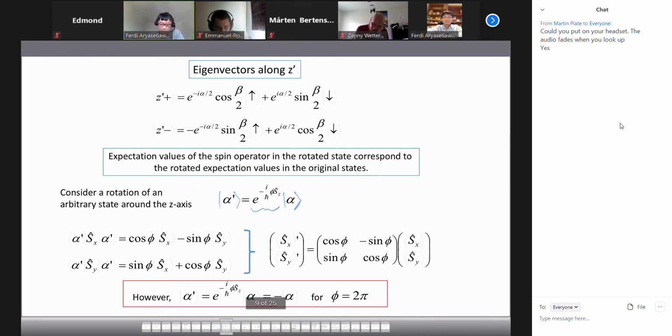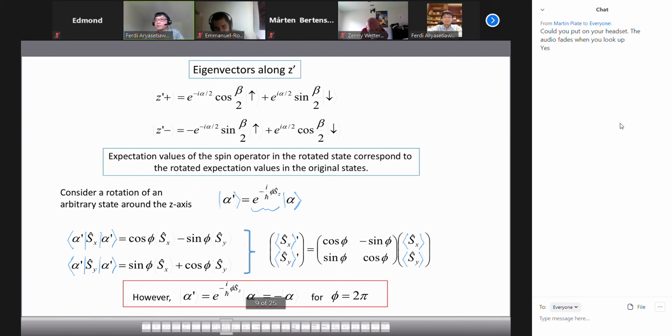So we have a new state alpha prime, which is a rotated spin state. Then we want to show that if we take the expectation value of Sx and Sy in the rotated state, where the prime here indicates that the state is rotated, then that expectation value is really just a rotation of the expectation value of Sx and Sy in the original state.